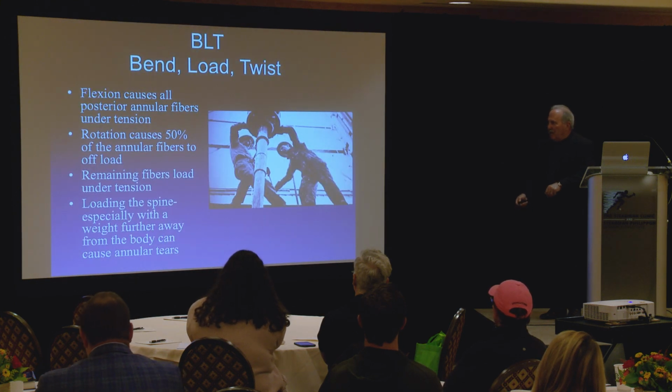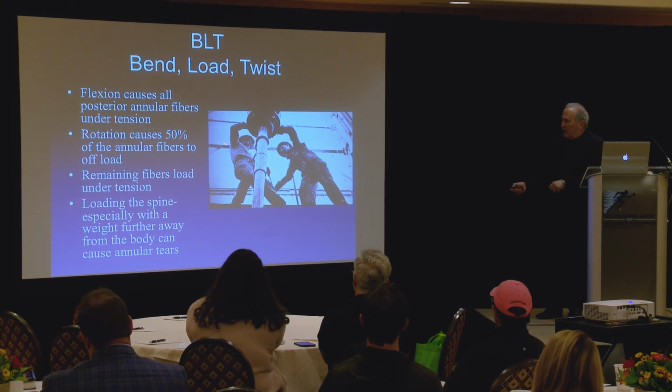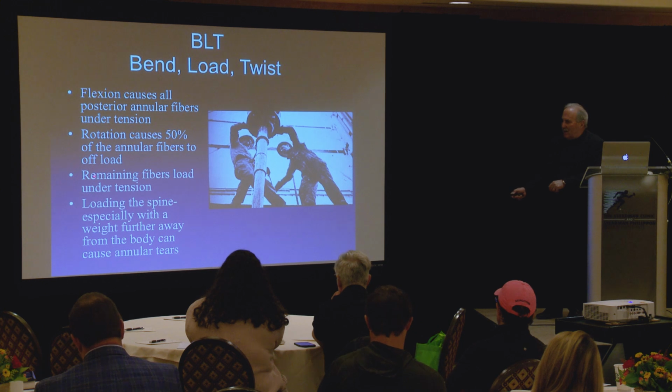So, what do you have to worry about? I like to use BLT because everybody remembers bacon, lettuce, tomato. It's bend, load, twist. Flexion causes all the posterior annular fibers to be under tension. Rotation causes 50% of the annular fibers to offload, meaning you lose 50% of the strength.